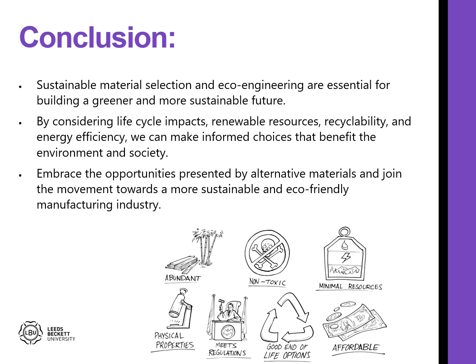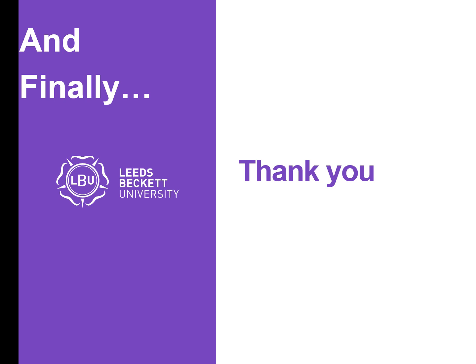So by considering life cycle impacts, renewable resources, recyclability, and energy efficiency, we can make improved choices that benefit the environment and society, embracing the opportunities presented by alternative materials and joining the movement towards a more sustainable, eco-friendly manufacturing industry. So we've got to look at alternative materials as they come along and see if they can be integrated into what our company produces.